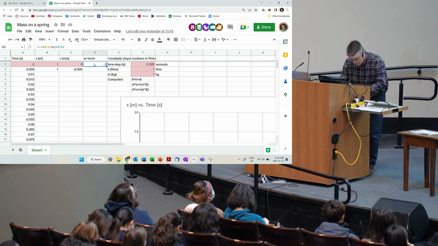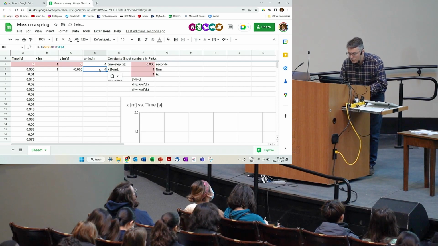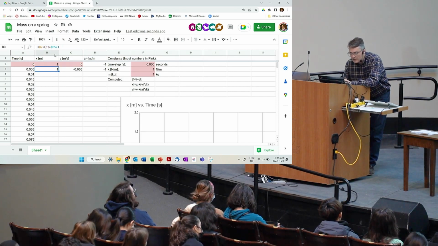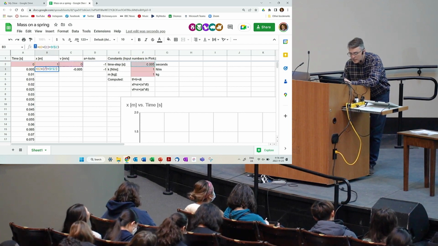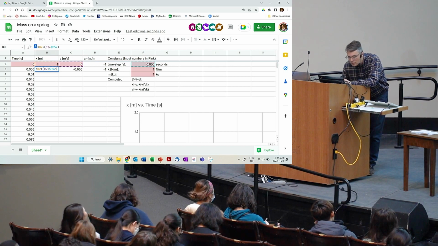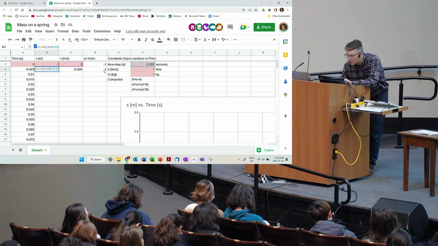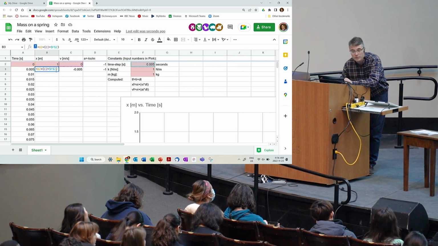Then I use Control C and Control V and update the new acceleration. So x is the old x plus c2 times f2. So c2 is the old velocity, times f2, which is the time step, the delta t. So you're always multiplying the velocity by the delta t to give you a new position.